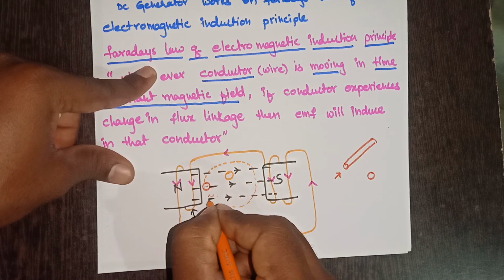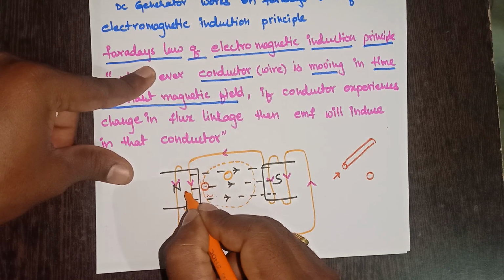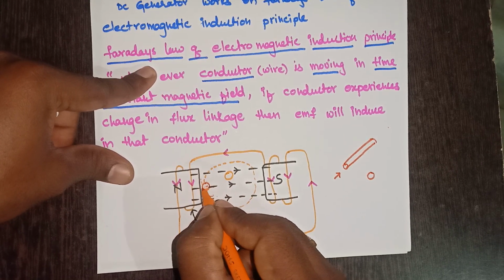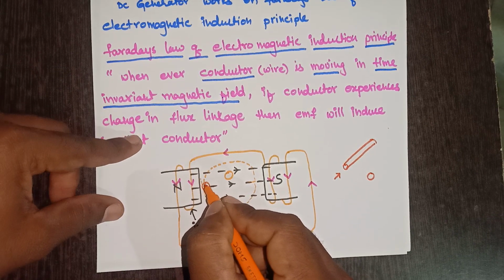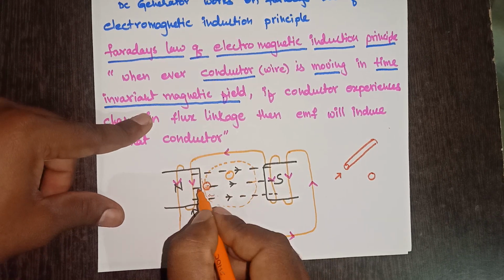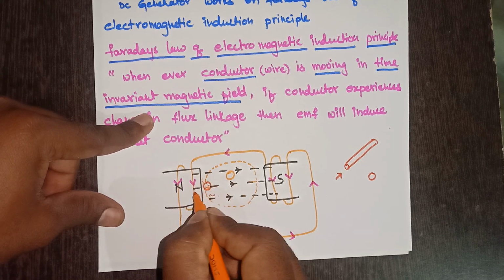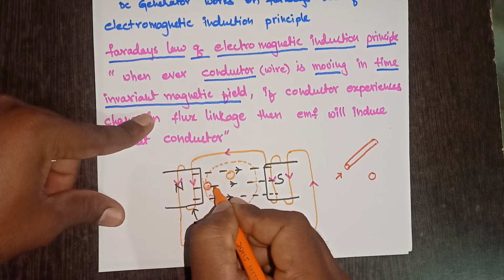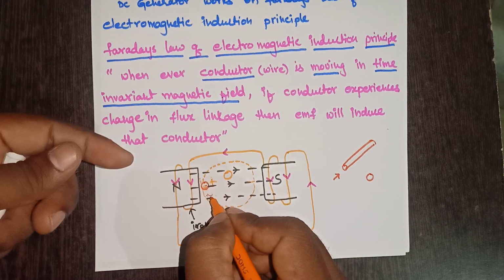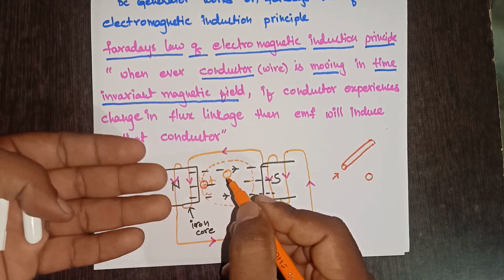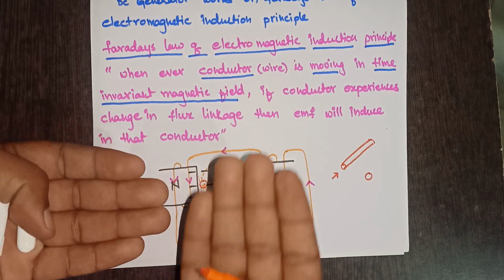While the conductor is rotating in this circular fashion, what will happen? During the instant when the conductor is exactly under the center of the north pole or the center of the south pole, flux lines and conductor movement are perpendicular. See, flux lines are flowing from left side to right side, that is from north pole to south pole, and the conductor is moving towards the upper side, like this. So flux lines are flowing along the x-axis and the conductor is moving along the y-axis.